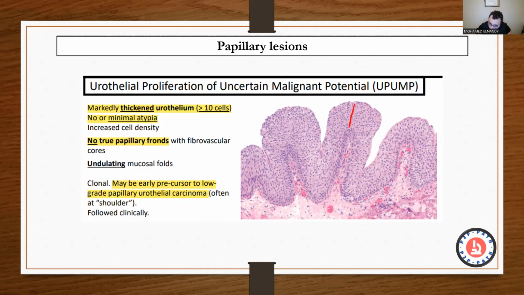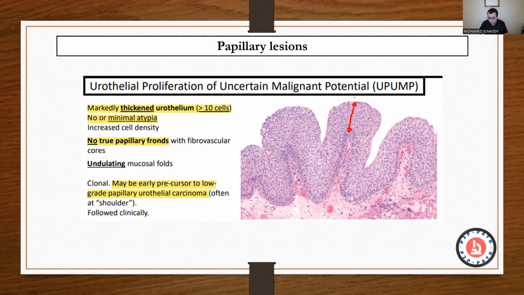There is just thickening of the urothelial lining, increasing the number of cells in the urothelial lining. The normal urothelial lining should not be more than 7 cells. Here, there is definitely more. However, organization, yeah, they are organized. Polarity, yeah, they are polarized.